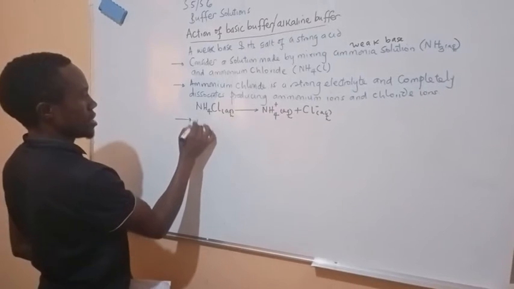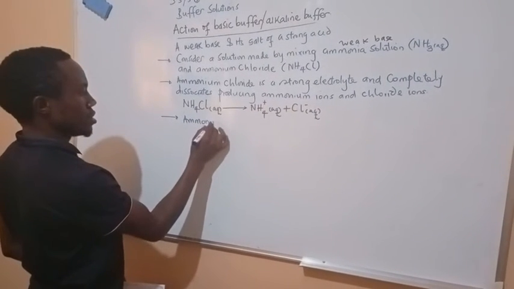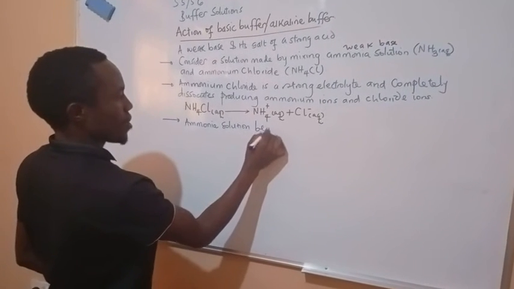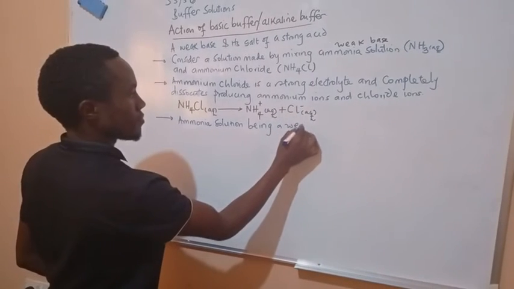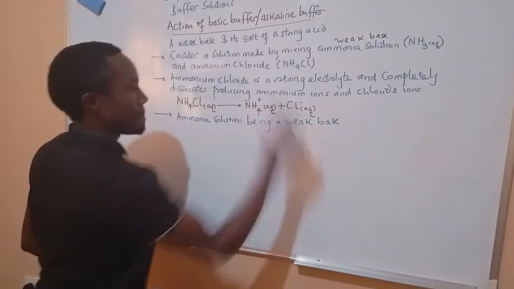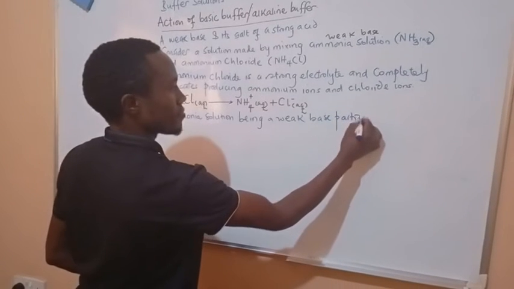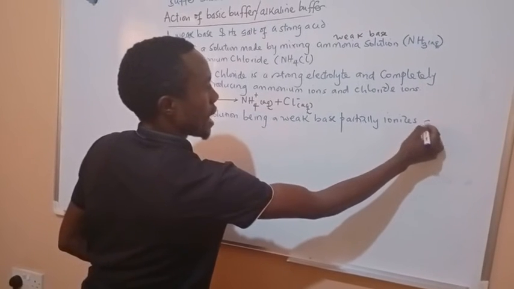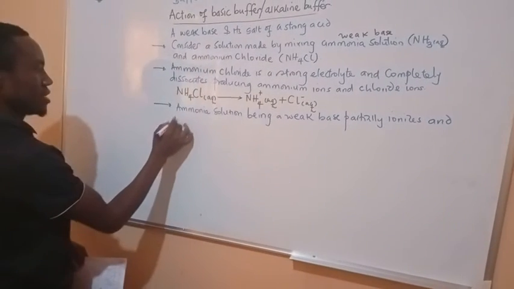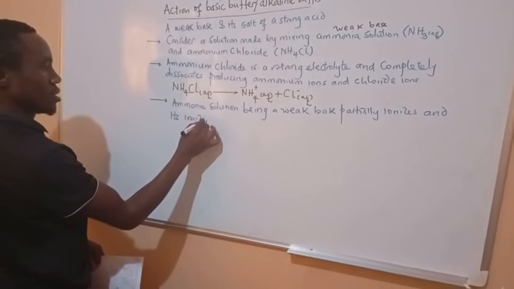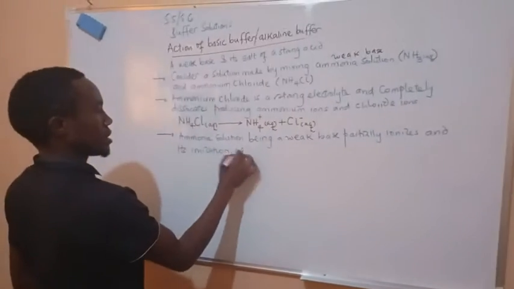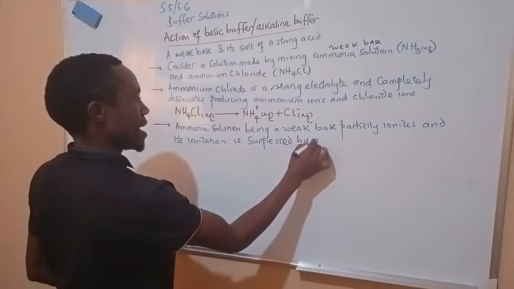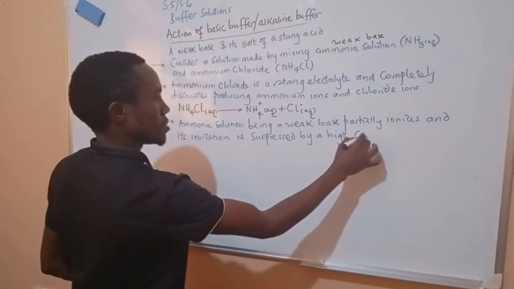So we shall say ammonia solution, being a weak base, partially ionizes and its ionization is suppressed by a high concentration of ammonium ions.